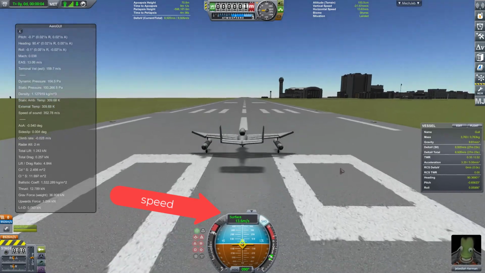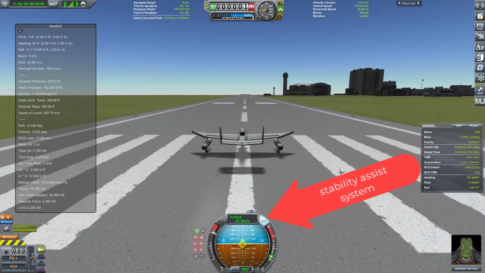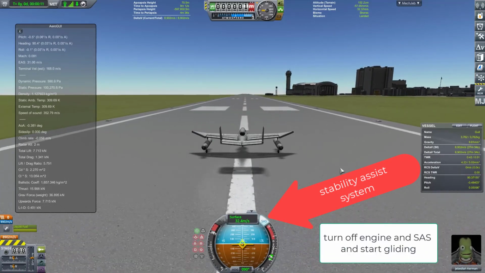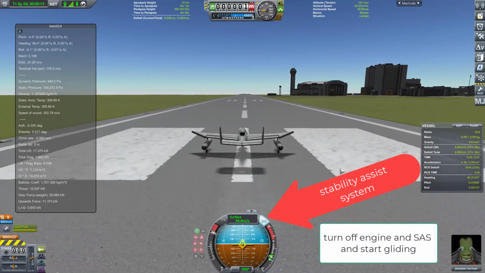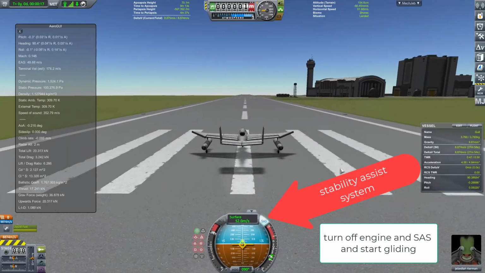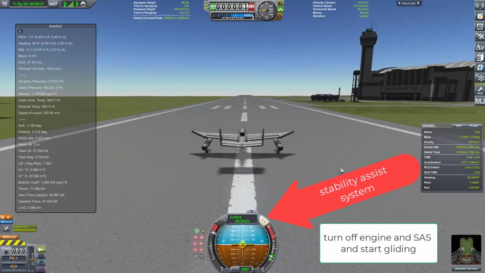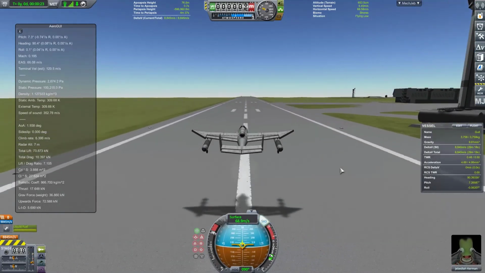And one of the things that I'm going to do is this SAS, the stability assist system, which is going to keep it at level flight or directly on our prograde direction. So it's like it assists the flight controls. But obviously we're under powered flight here, generating thrust.